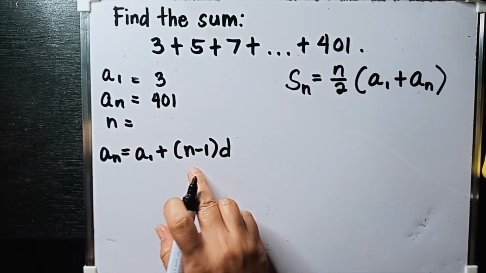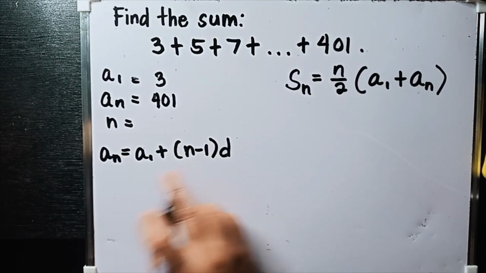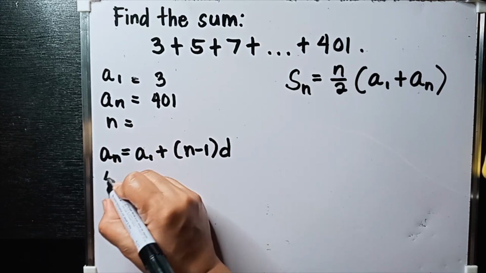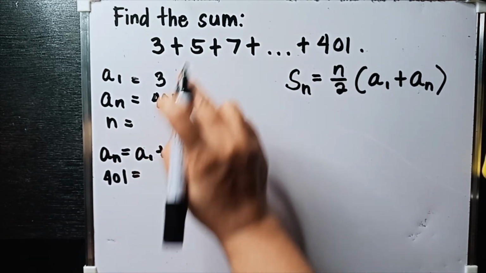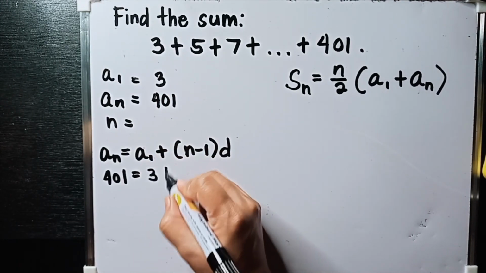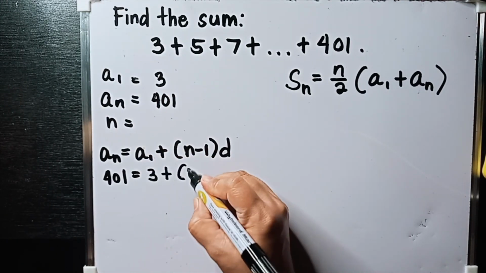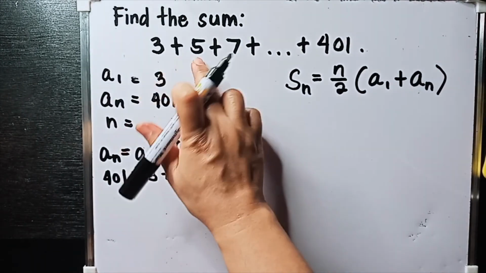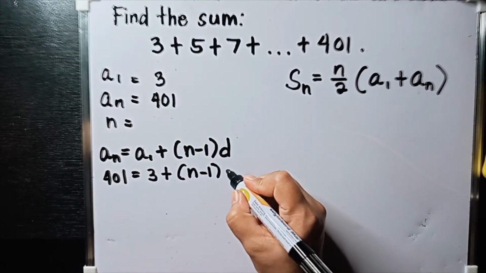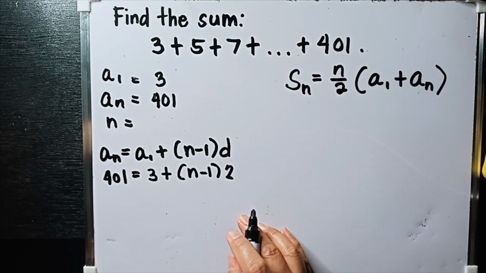So, para mahanap natin yung n, yung value ng n. So, a sub n is the last term, which is 401, equals the a sub 1, which is 3, plus n minus 1. Ang common difference nito is, of course, positive 2. Okay?